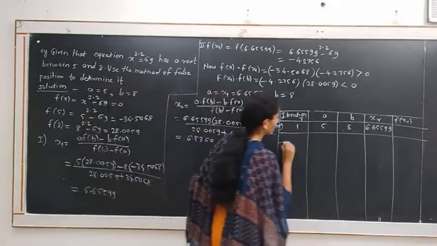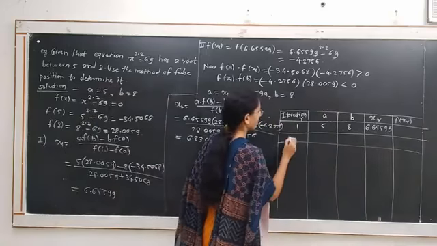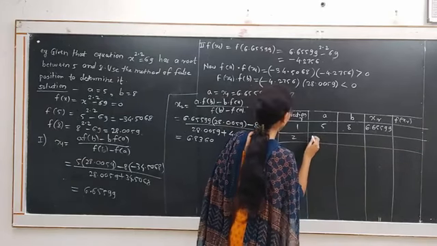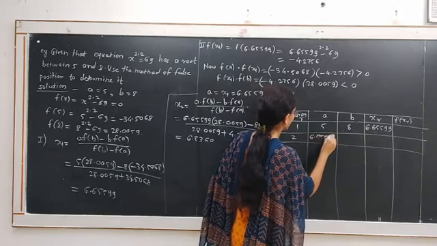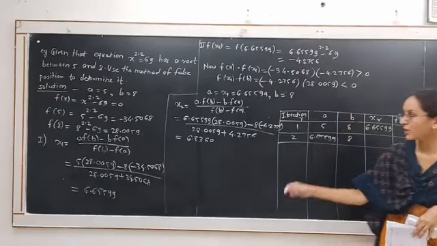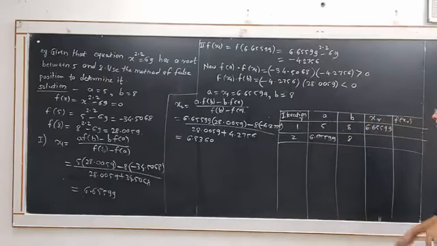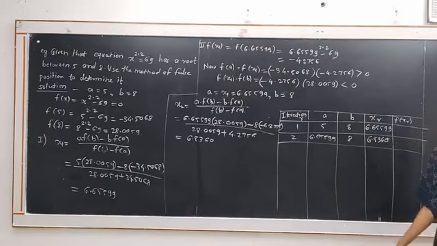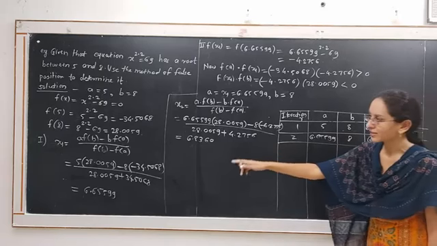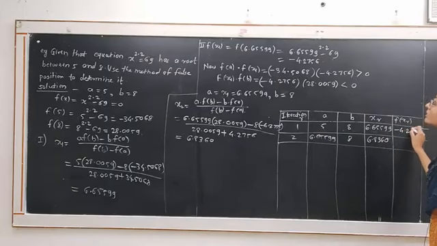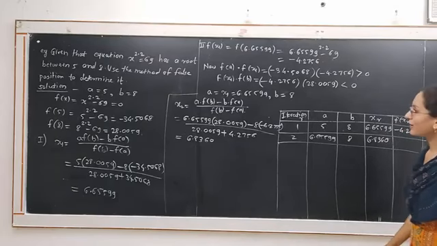In the second iteration, we consider a value is 6.65599, value of b is 8, and the value of x2 obtained as 6.8360. And the value of f of x1 in the first case is minus 4.2756. Now we calculate the value of f of x2.